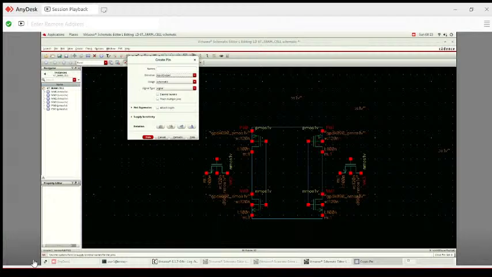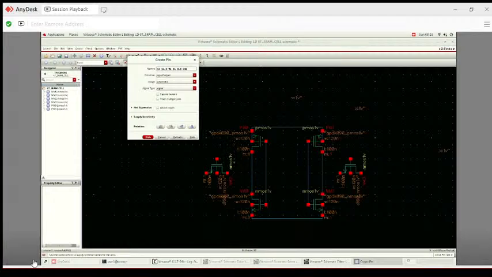So let me write the names one by one. We need the QA terminal, then the QA bar terminal, which we call QAB. We also require the word line, then the bit line and the bit line bar. Then we require ground.